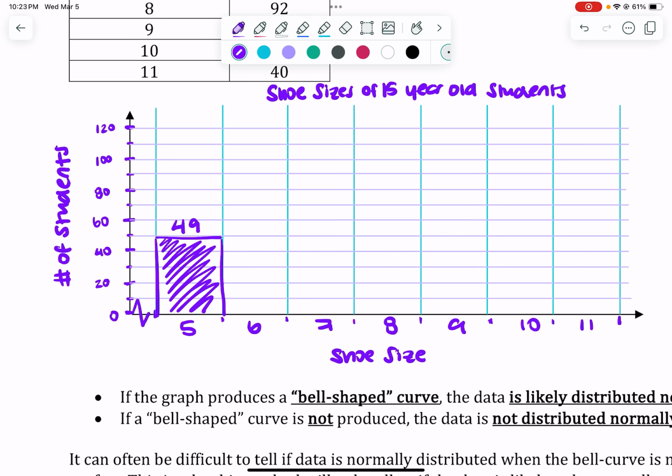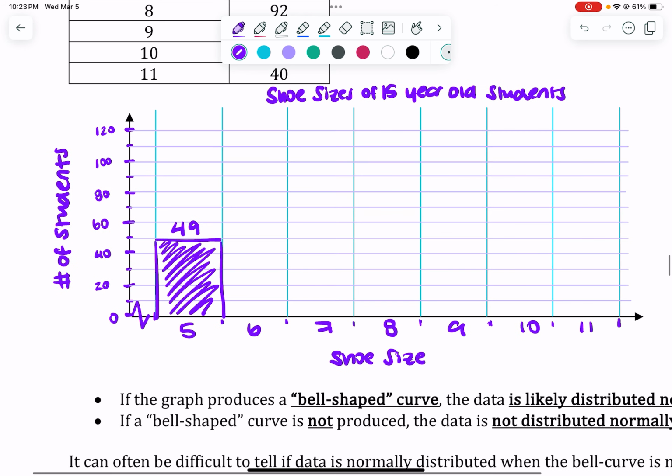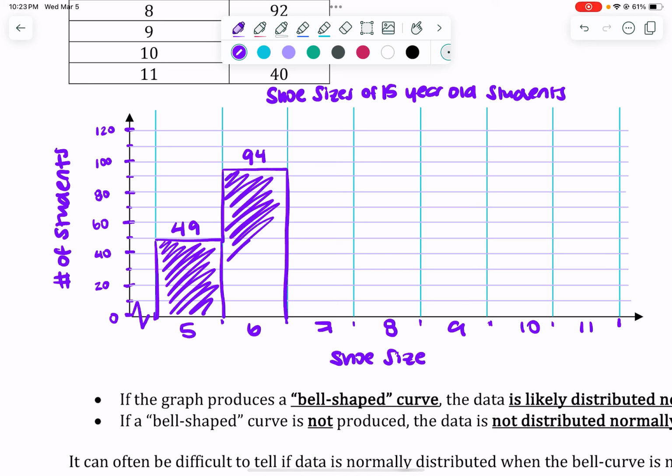So for 6, there was 94. So 90 is around there. So 94 is just between the 90 and the 100 and just under the halfway point. Something to keep in mind is I know that 94 is less than halfway, but pretty close.